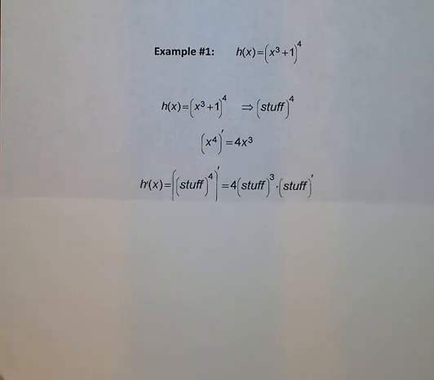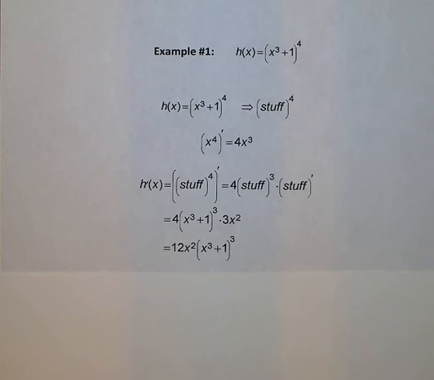So the derivative of stuff to the 4th will be 4 times stuff cubed, and then we have to multiply by the derivative of the stuff. That's the chain rule part. So our stuff is x cubed plus 1. This becomes 4 times x cubed plus 1 cubed times 3x squared, or again 12x squared, x cubed plus 1, the quantity cubed.